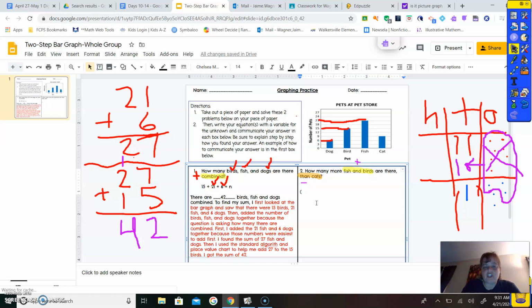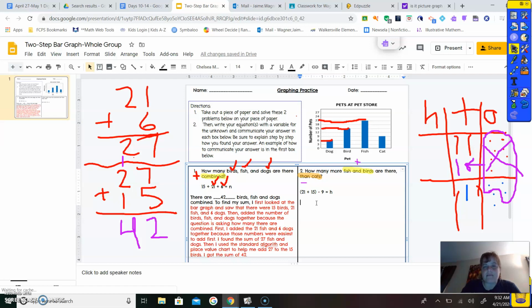So how many more fish, 21, and birds, 15. How many more fish and birds than, here's my subtraction symbol because we're comparing the fish and the birds together to the cats. And the cats, there are 9. Equals, and you could literally put any letter. I'll put H today just to show you that it can be any symbol.